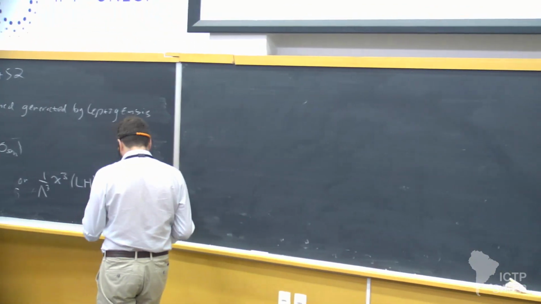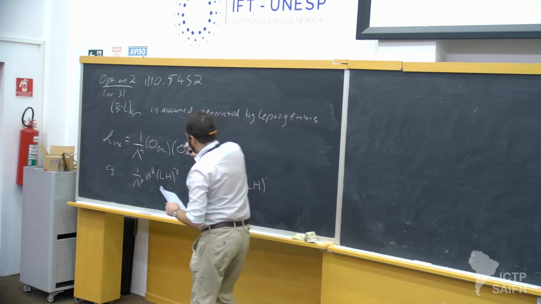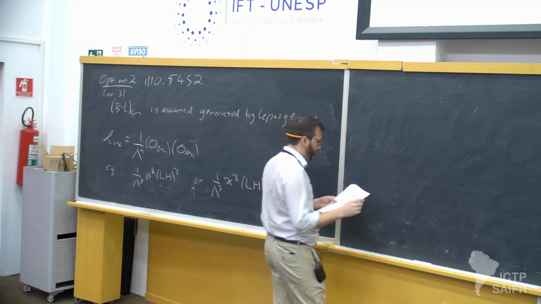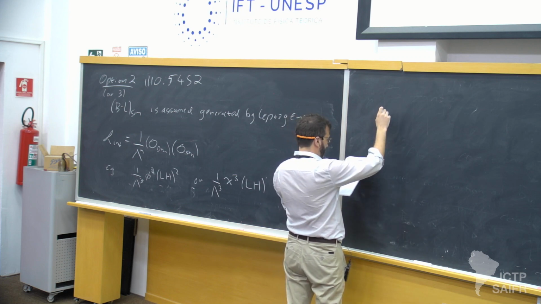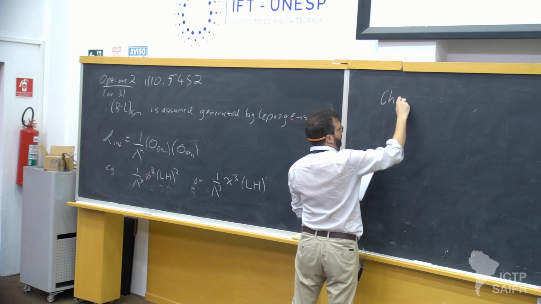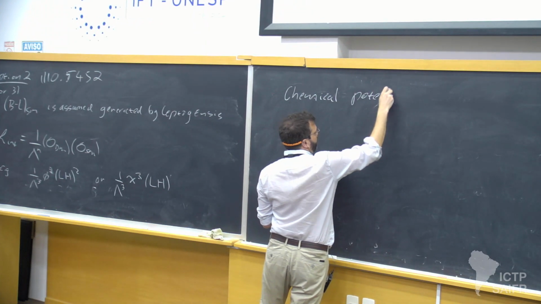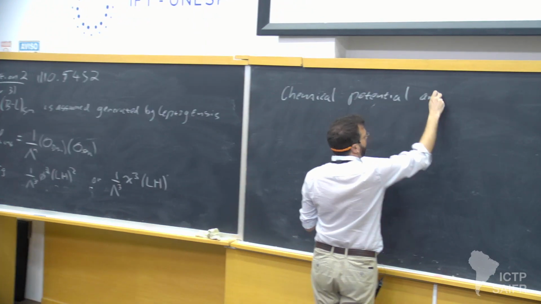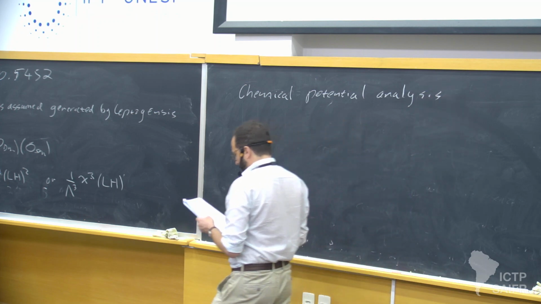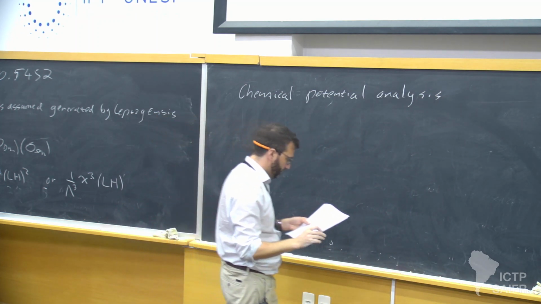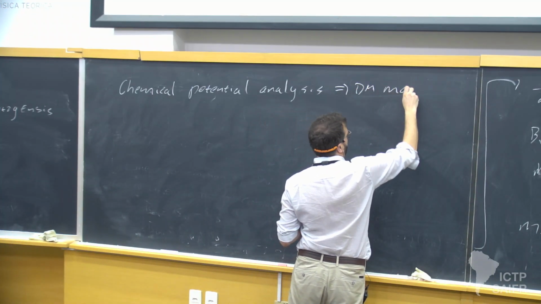Okay. So now we're going to assume this form, and we're going to derive what the asymmetry is in the dark sector and the dark matter mass, okay? So we're going to do a chemical potential analysis, and this is going to tell us the dark matter mass, okay?